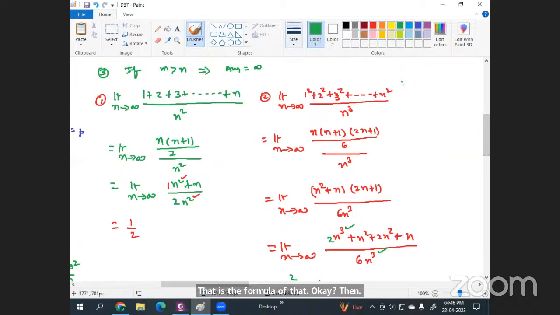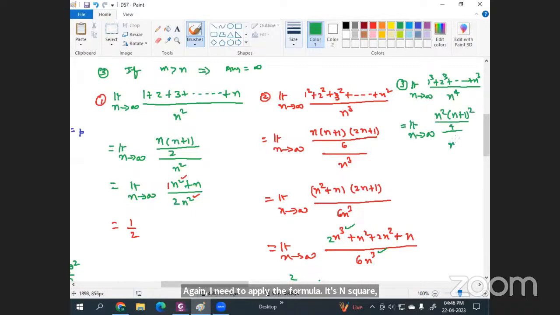Third question. Limit n tends to infinity, 1 cube, 2 cube, 3 cube, so on, n cube by n power 4. To do such type of question, limit n tends to infinity, again I need to apply the formula n square into n plus 1 whole square by 4, by n power 4. That equals limit n tends to infinity, n square plus 2n plus 1 by 4n power 4.